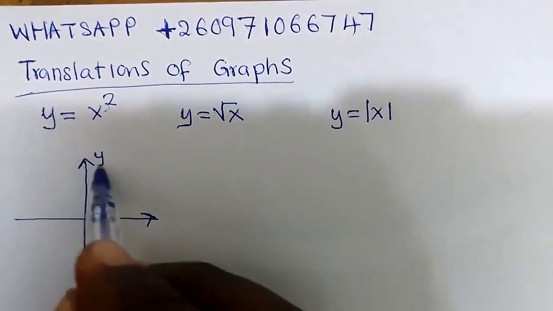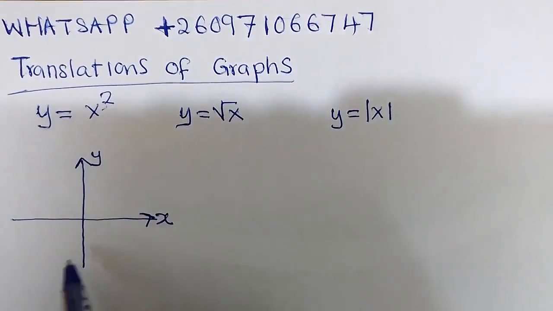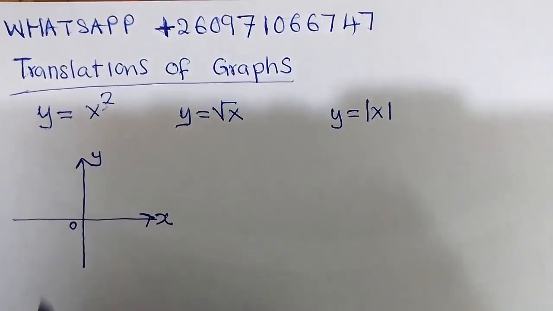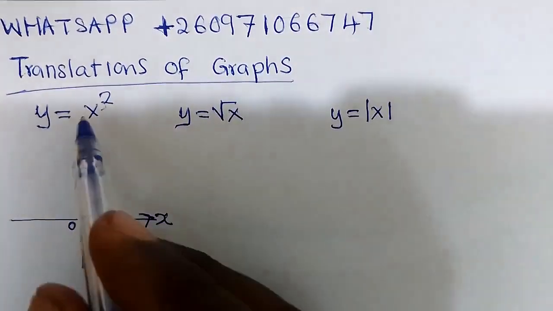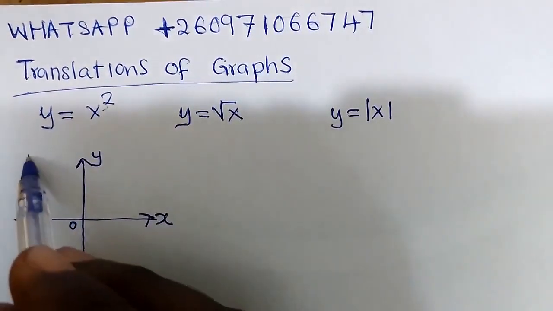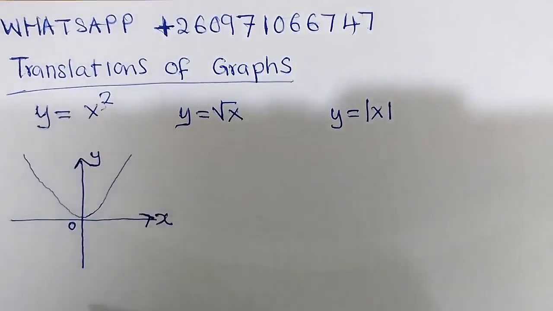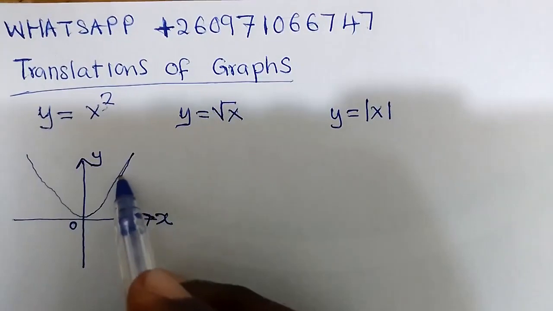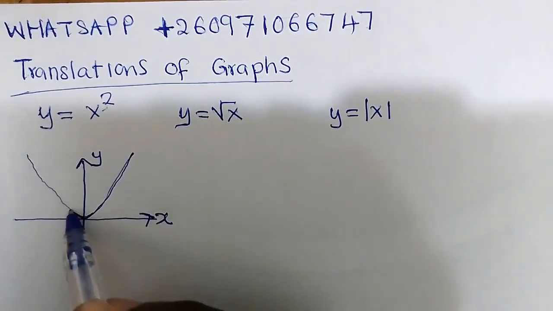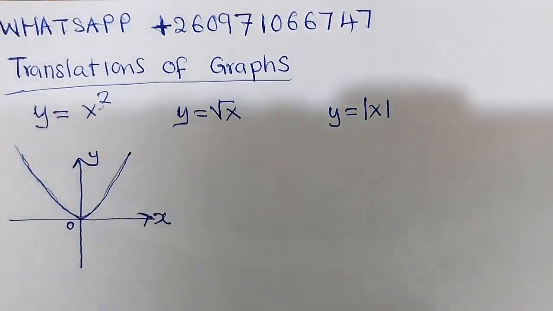This is your y-axis. This is your x-axis. So you know that this is the origin, there is a 0. So when a graph is like this, this graph is just like this. This is what you need to know and understand. So the graph is just like this, touching the origin, then it goes like that. This is how the graph is.